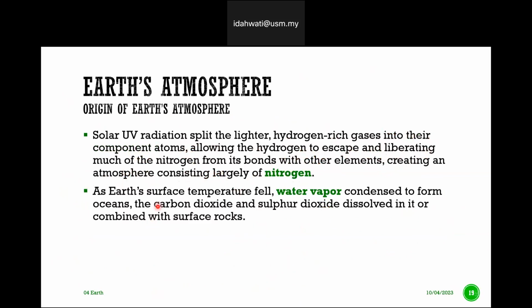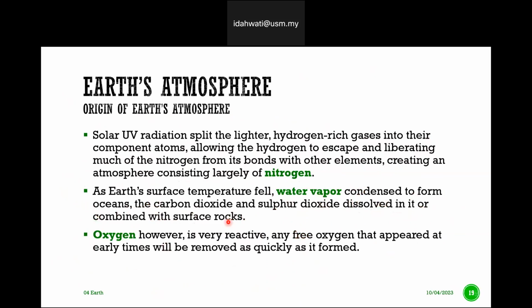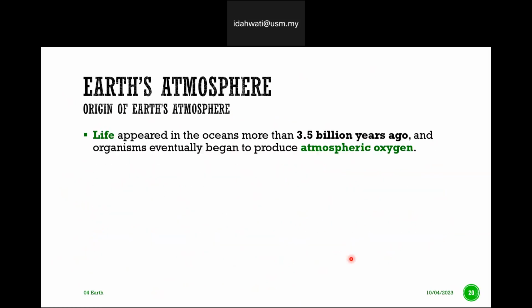As the Earth's surface temperature fell, the water vapor condensed to form oceans. The carbon dioxide and sulfur dioxide were dissolved in it or combined with surface rocks. Oxygen, however, is very reactive. Any free oxygen that appeared at early times was removed as quickly as it formed.